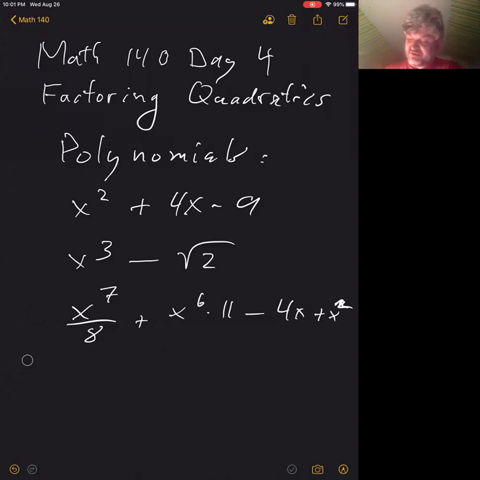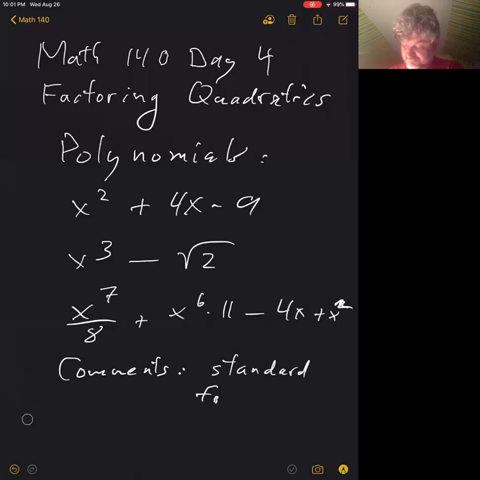The first one, I would call in standard form. That is, the powers of x begin with the biggest one, and then the exponents gradually go down. You've got lower and lower powers of x. The second one is also in standard form.